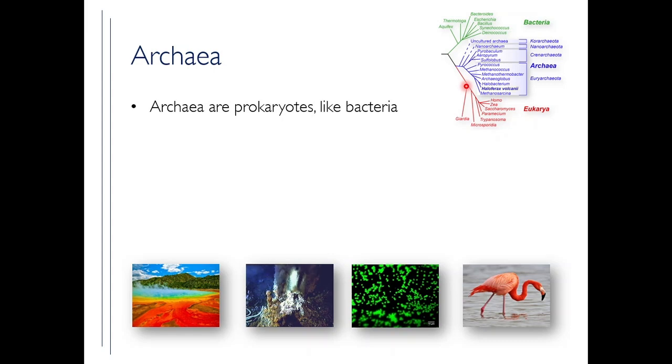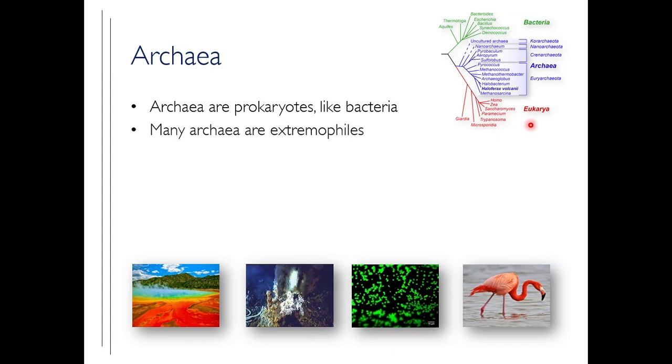Now, this model is now out of date, and actually the current thinking is that the eukaryotes should branch out from about here in the archaeal tree. So whether there are 2 or 3 domains of life is still debatable, but it's more like 2.